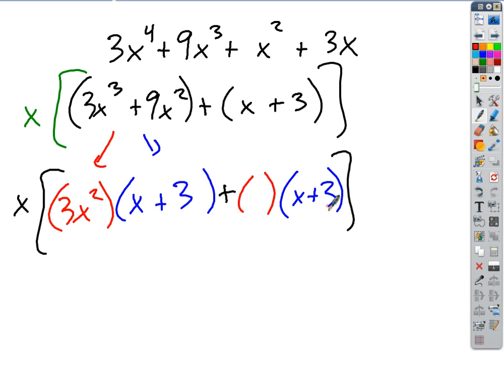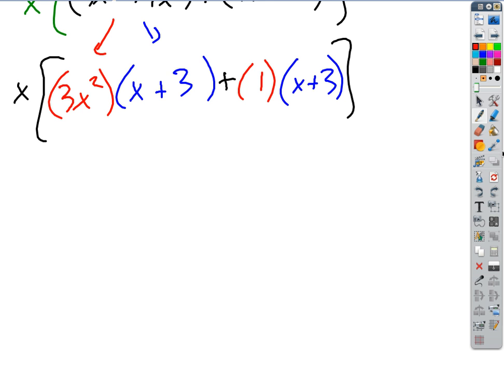Okay. Now, this is important, though. This is the most common mistake people make with factoring by grouping: they forget that that 1 is there, right? It is there. Now, when I take out the x plus 3, look what we get. I've got this x already out front. If I pull an x plus 3 out front, what am I left with?